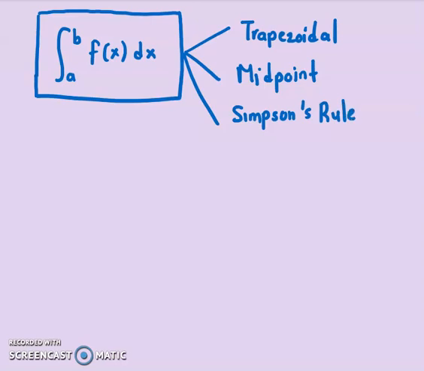You need to watch my first video on numerical integration, where I've shown how to solve a simple integration using these three methods. But today we're going to look at something called the composite rule.